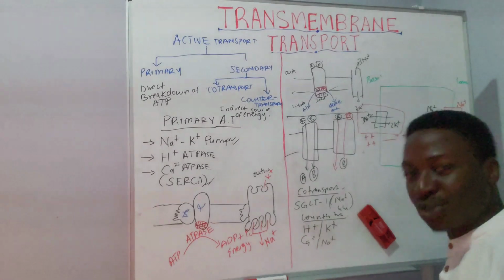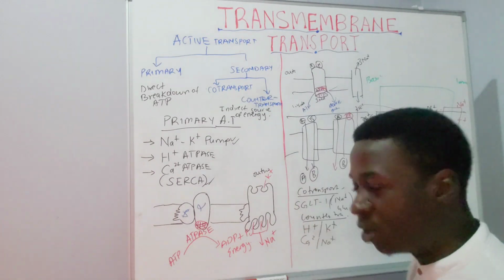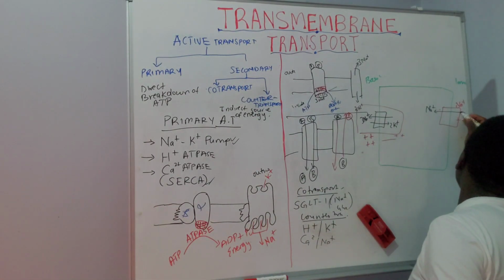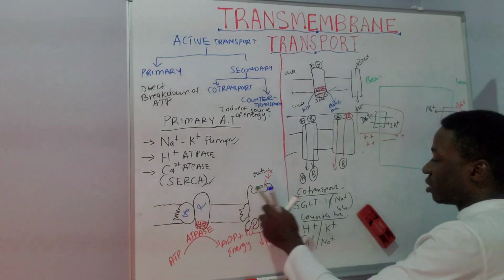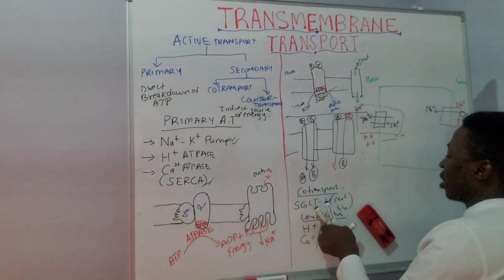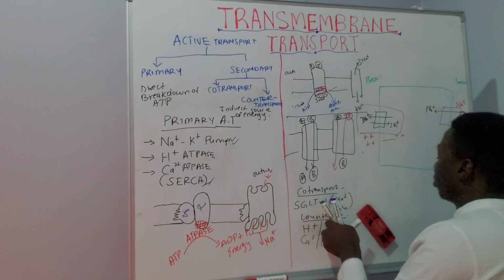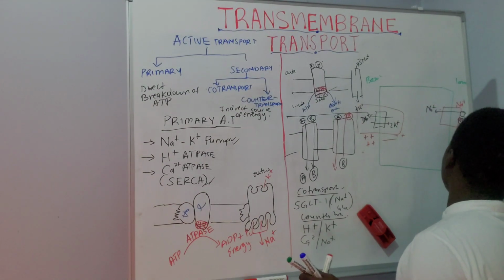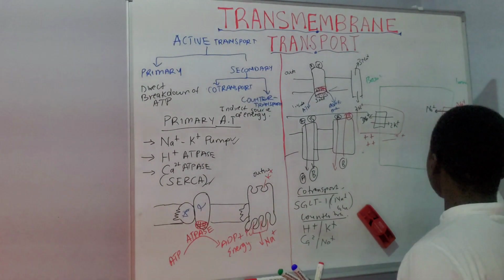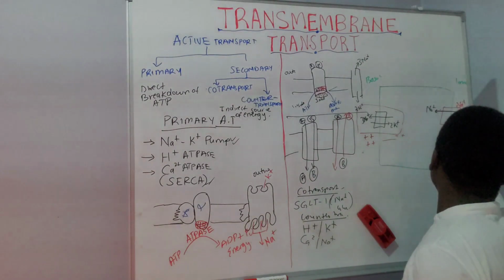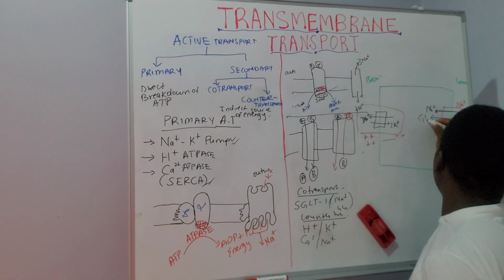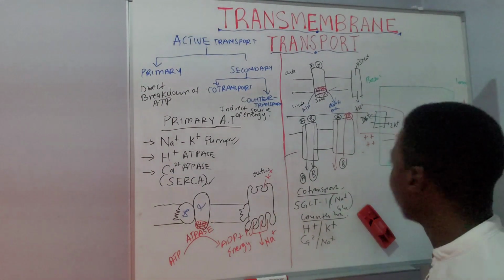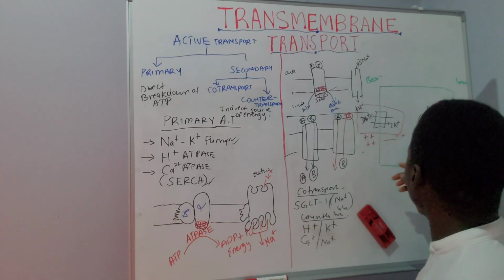So that's why they say secondary active transport occurs in the presence of primary active transport, because the energy generated is from the concentration or electrical gradient created by this sodium potassium pump. Because a gradient of sodium has been created, sodium is able to move from outside into the inside of the cell. But sodium does not move alone. Because of the channels we've talked about, in co-transport this sodium will bind another molecule, glucose. As sodium moves inside the cell, it also moves this molecule of glucose inside the cell. This is an example of co-transport.